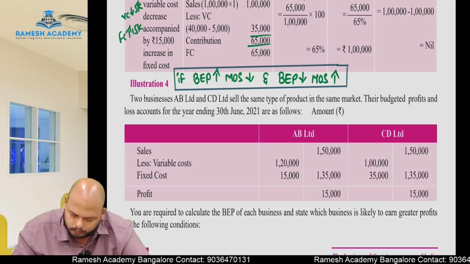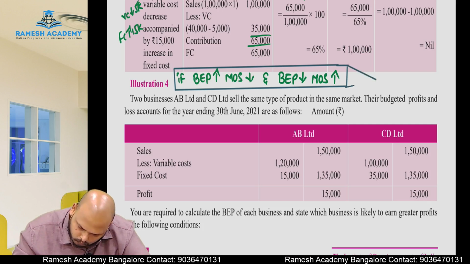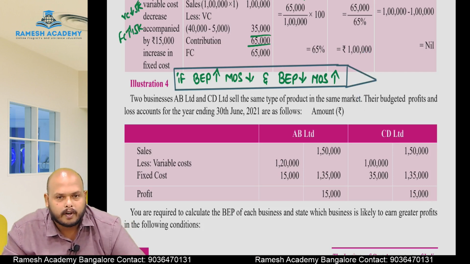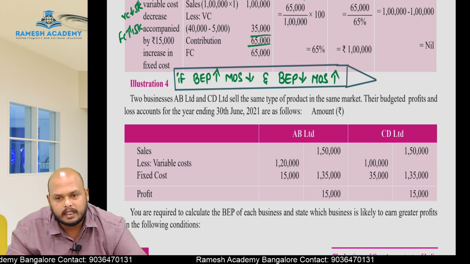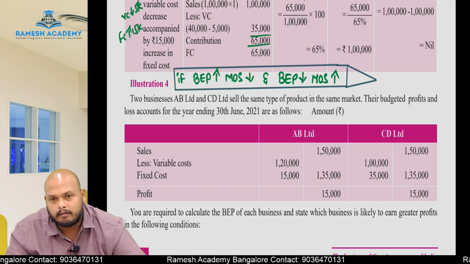This is the point which you have to keep in your mind. If break even point increases, margin of safety is decreasing, and if break even point decreases, margin of safety is increasing.